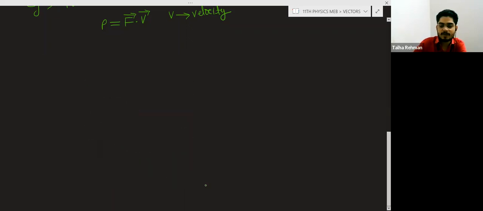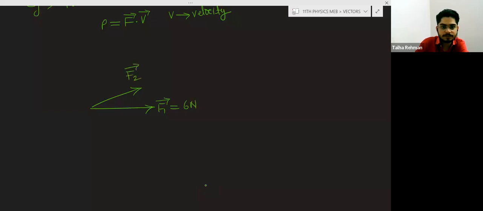Another way: suppose this is an F1 vector, 6 Newton, and this is an F2 vector, 4 Newton. The angle between both vectors is 30 degrees. Calculate the dot product of F1 and F2.